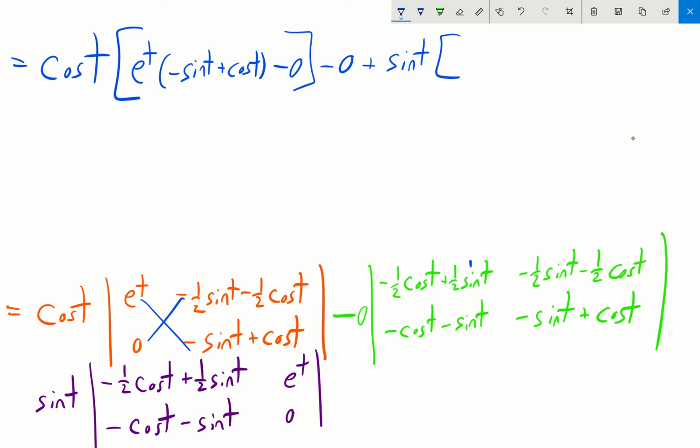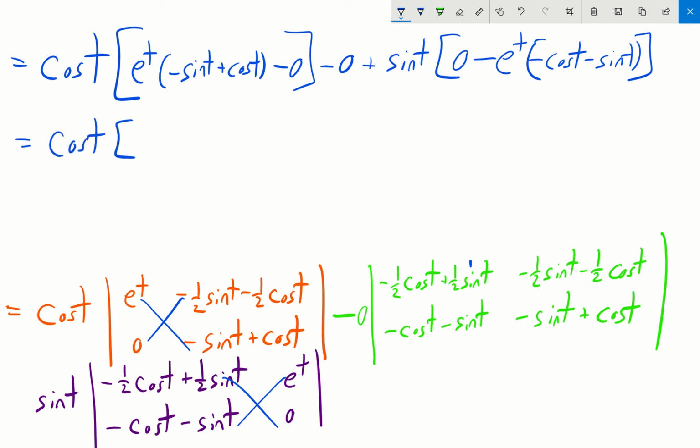And now we have plus, we have our sine t, and now we need to do this expansion. So this diagonal times 0 will give us 0, minus, now we have e to the t, which is going to get multiplied by negative cosine t minus sine t. Let's go ahead and expand as much as we can.